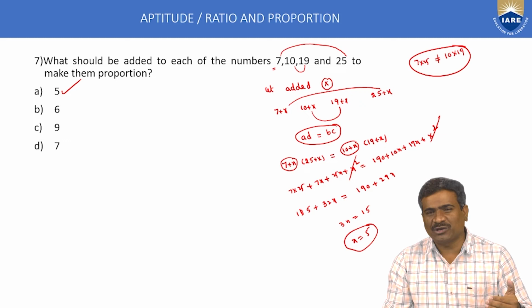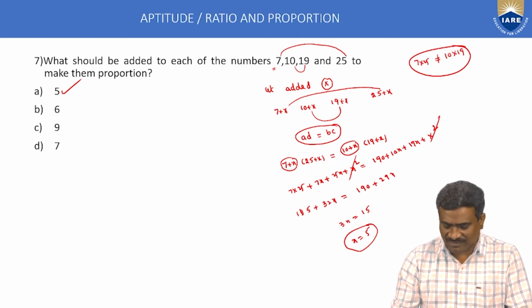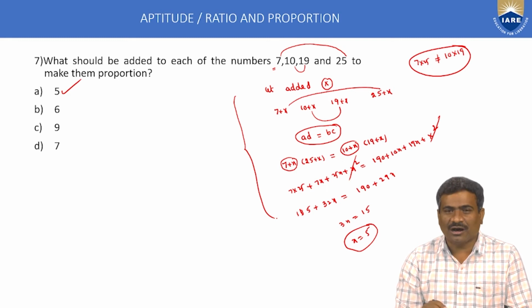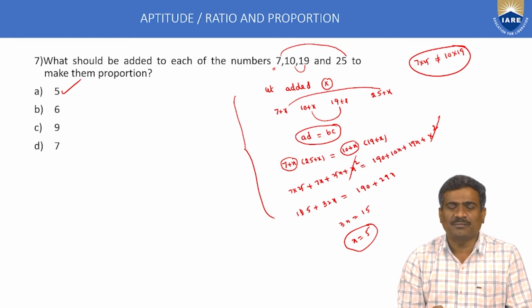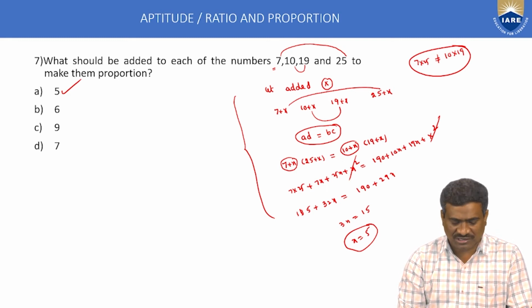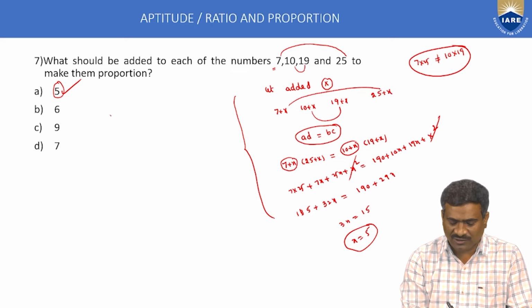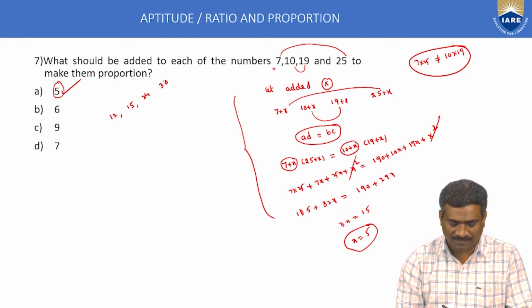Second method, by using option verification. The first is called the general method. Next, apply the second method by using option verification. Suppose option A, let the addition number be 5. Then first number 12, second number 15, third number 24, fourth number 30. Next, apply the proportion definition.